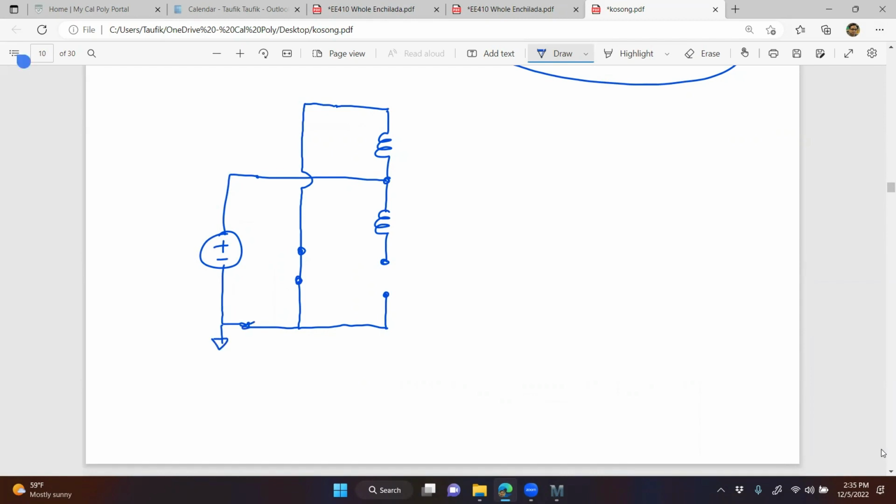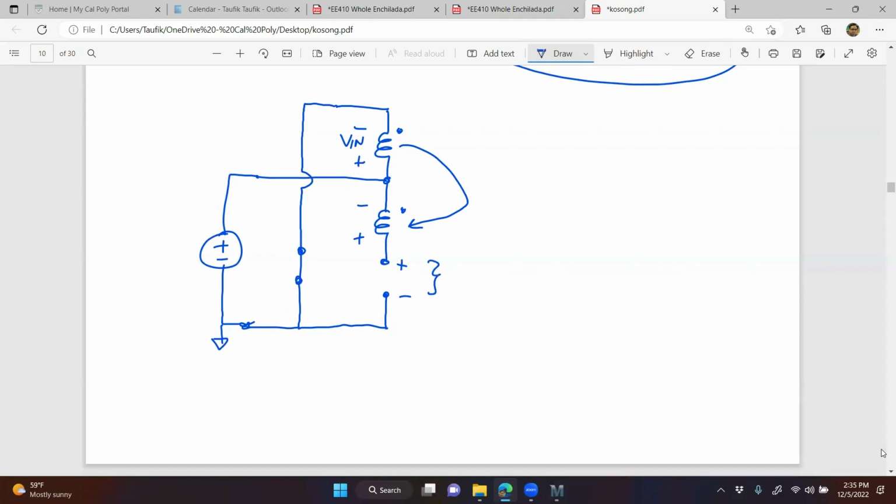Right? And this is on the primary side only. So when the switch is closed, I have the plus minus V in right there. Right? And then it's reflected into here. And then you can see we have voltage across the switch over here.